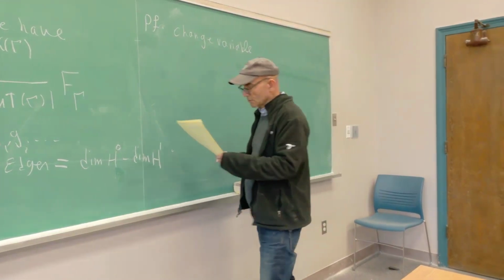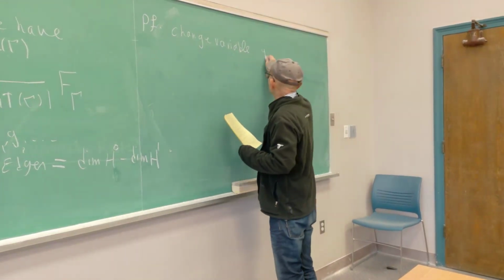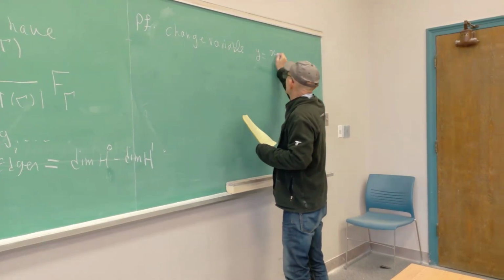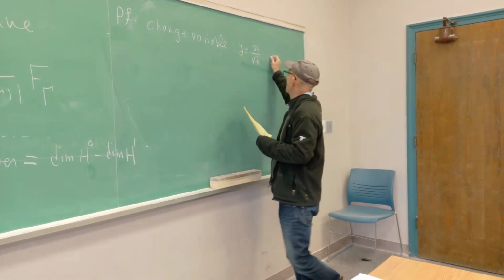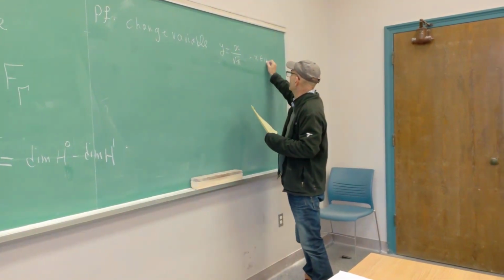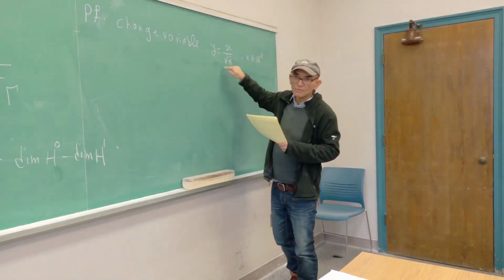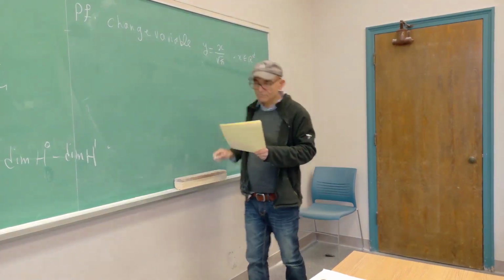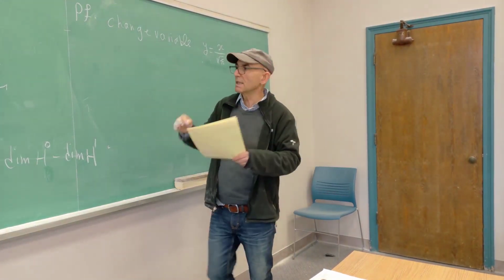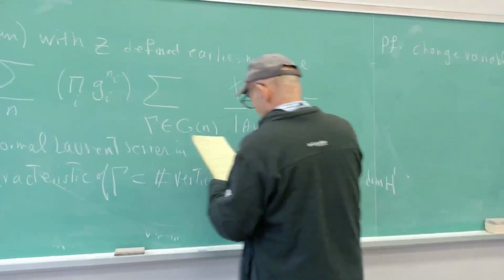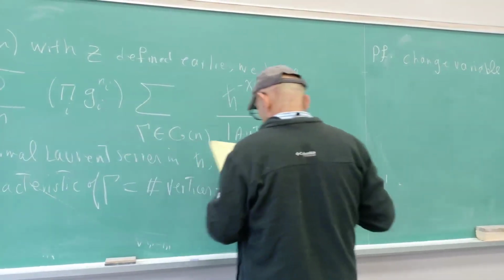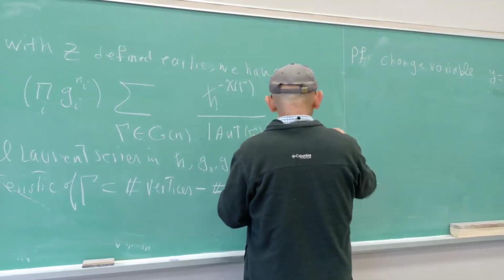You just say y equals x over root h bar, with x belonging to R^d. We just rescale the thing. That's important to get rid of some nuisance h bar.